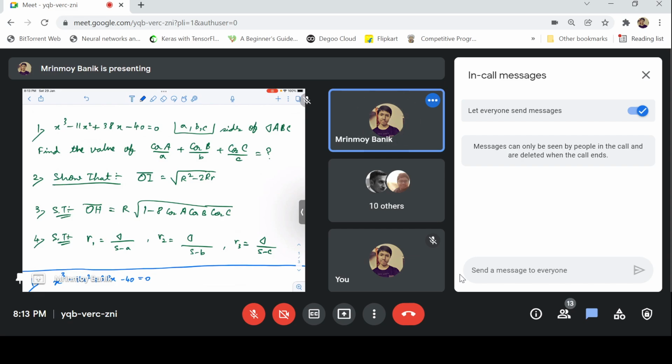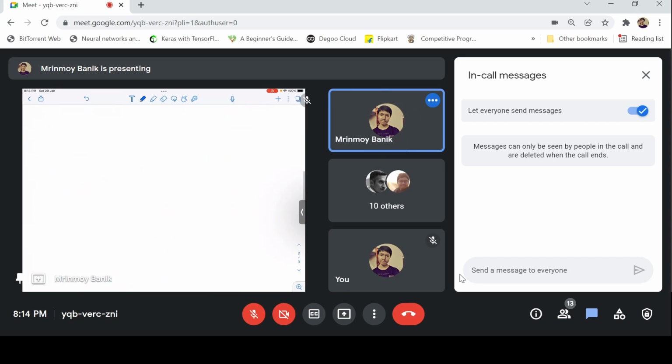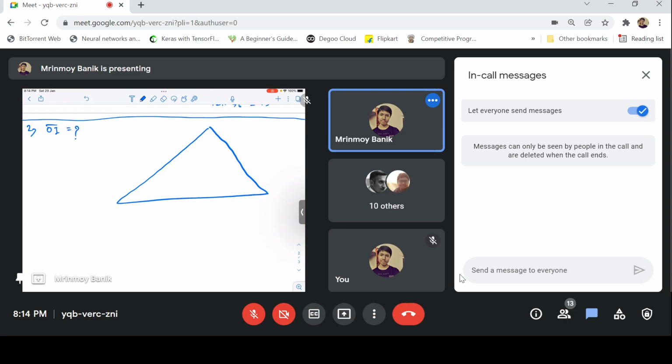Okay, so incenter and circumcenter. Somewhere around here we have the circumcenter.